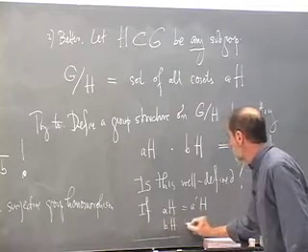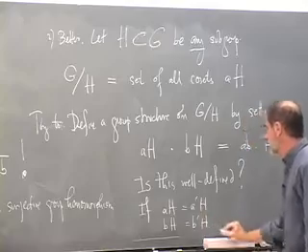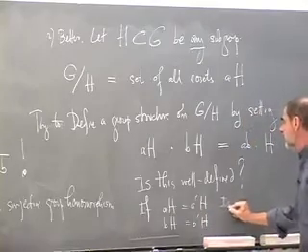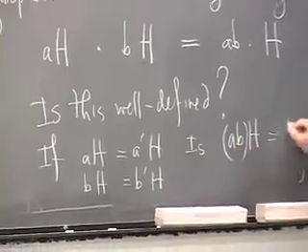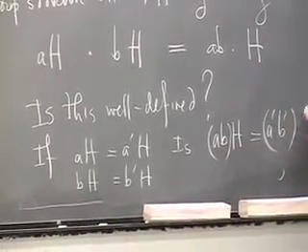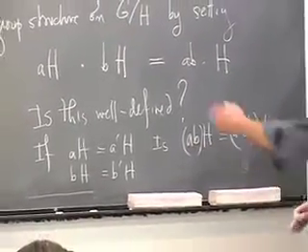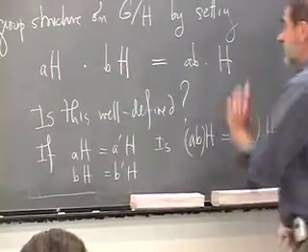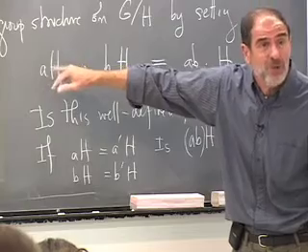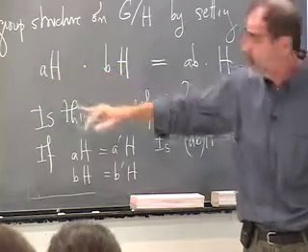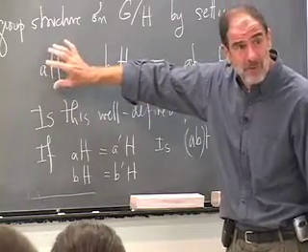if a and a prime are in the same coset, and bH is equal to b prime H, is abH equal to a prime b prime H? Namely, if we're saying that this coset times this coset is this coset, we better make sure that doesn't depend on what representative we've chosen for the coset. And there's no unique way of writing a non-trivial coset.